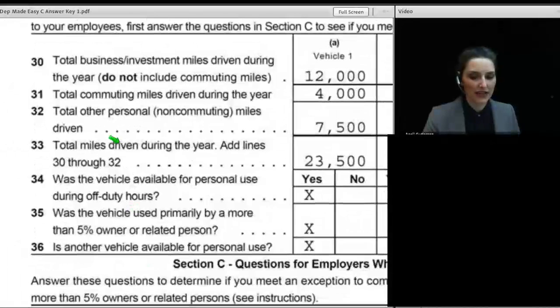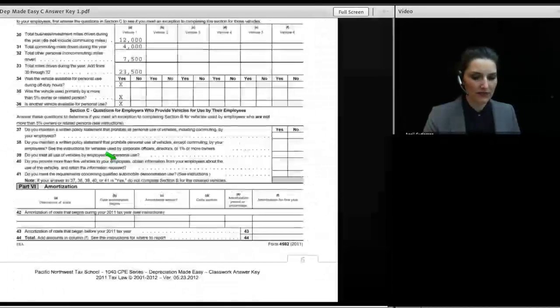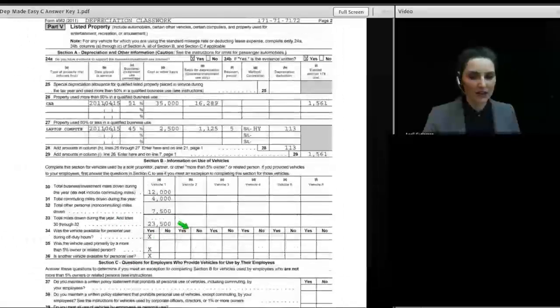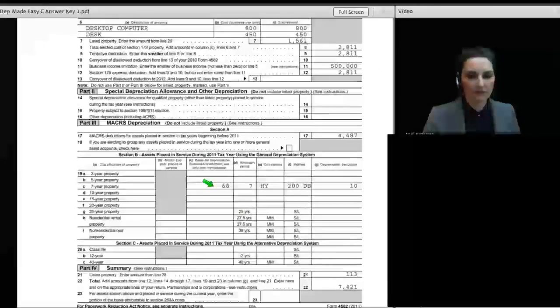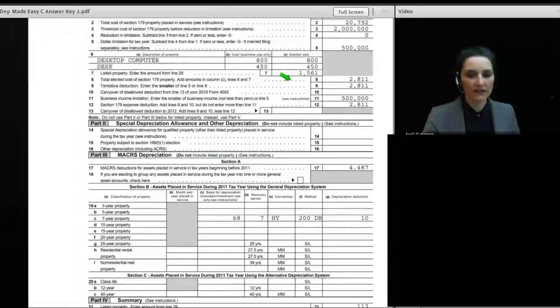Let's back up and, oops, pushed plus instead of minus, and go back up to page 1. And here we are again on page 1, and we've entered that $1,561 of depreciation under Section 179 for the car. We've added that to the Section 179 deduction on the desktop computer and the desk to get that $2,811.